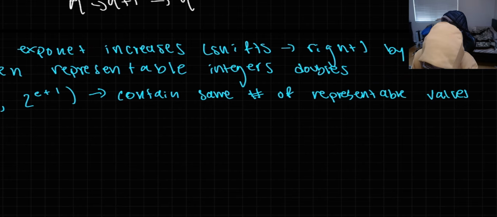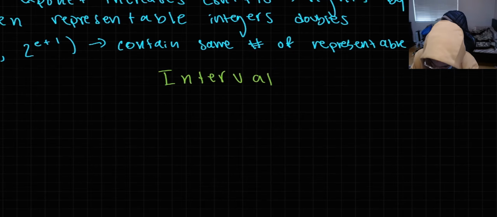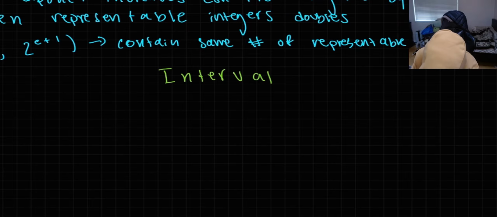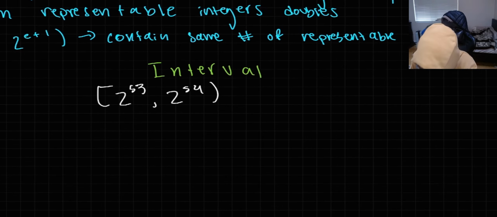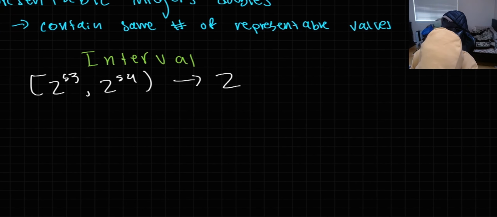So, let's do some interval examples. As I showed you guys before, 2 to the power 53 and 2 to the power 54. We get 2.